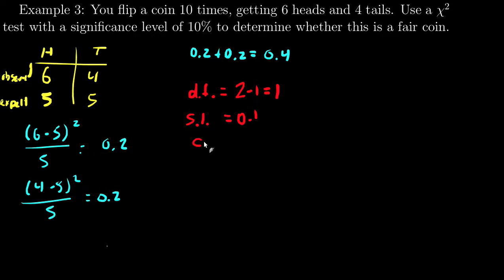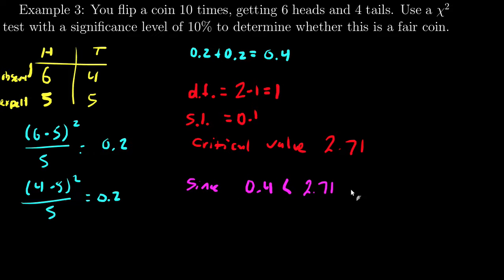And notice, since 0.4 is less than 2.71, we are going to accept the null hypothesis.